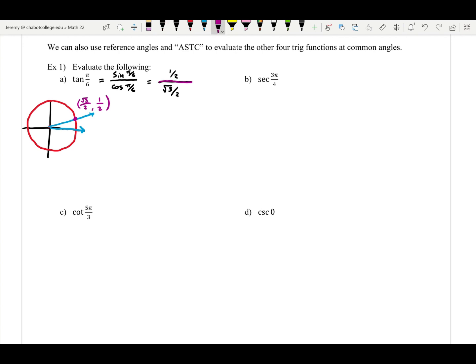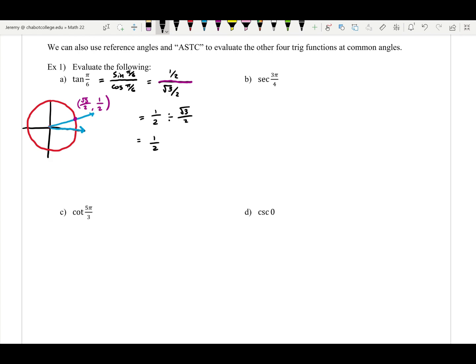This is the main fraction bar right here, that big fraction bar, and then we have two little fractions in the numerator and denominator. The way that we can simplify this is we could turn that main fraction bar into a division sign. So this is 1 over 2 divided by root 3 over 2. And to divide by a fraction is the same as to multiply by its reciprocal.